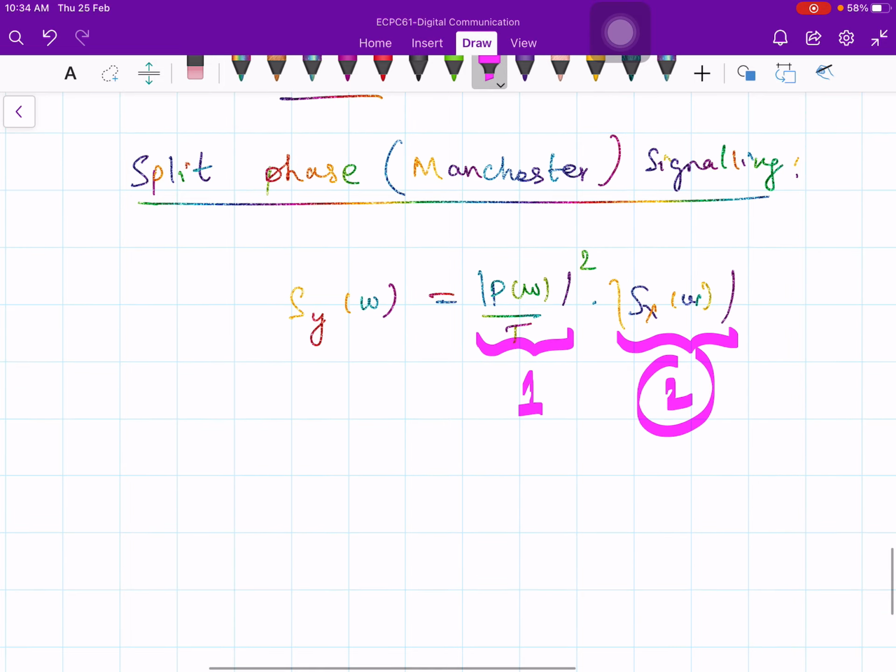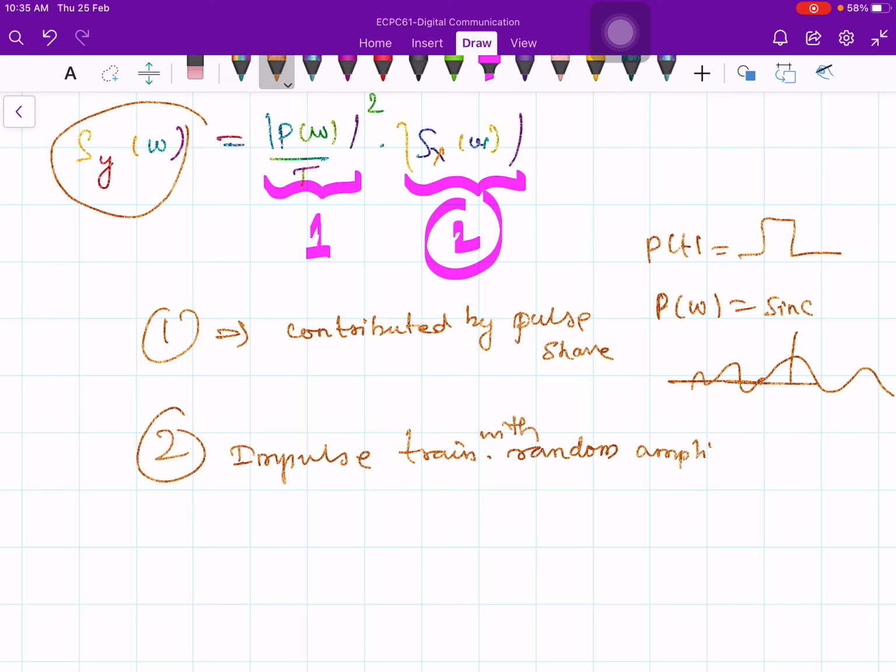The second part, contributed by Sx of omega, comes from an impulse train with random amplitudes, denoted by A suffix k.